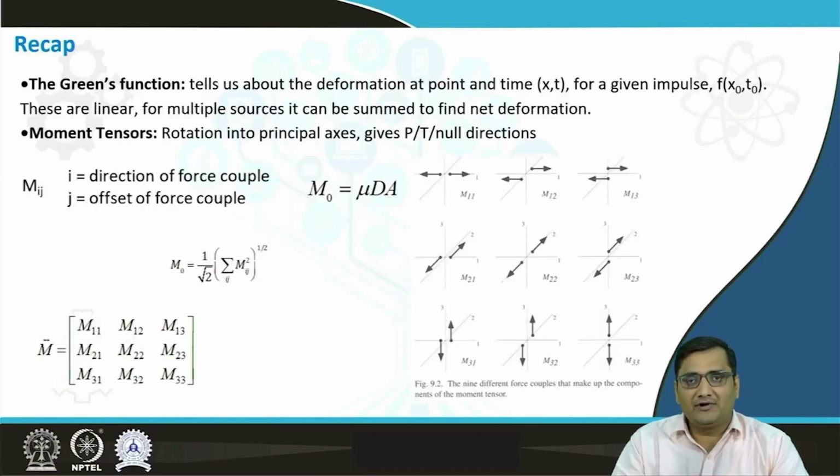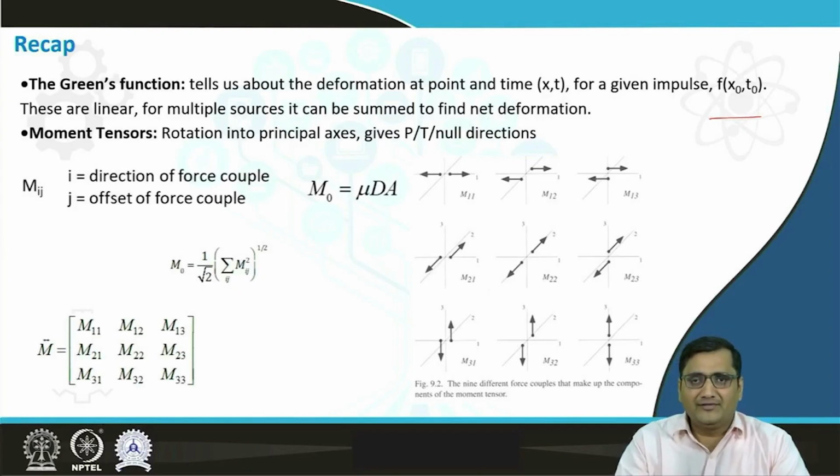Then we learnt about the Green's function, which basically exhibits the effect of the path when it is coupled with the body force such as F at x naught, t naught, and is used to give the deformation at a point on the surface, that is, maybe the displacement.